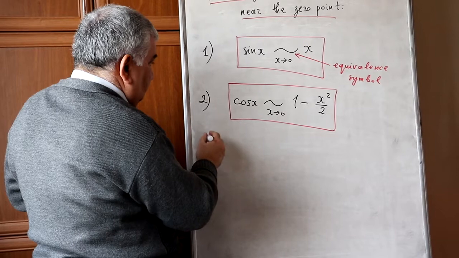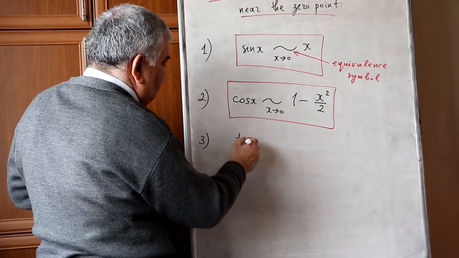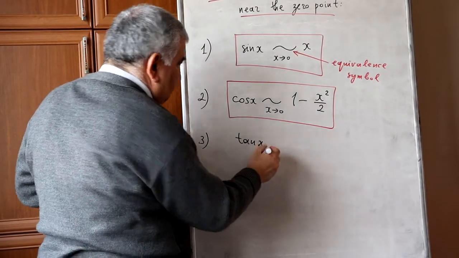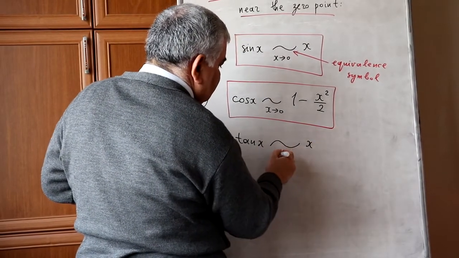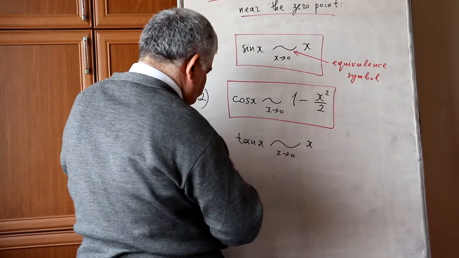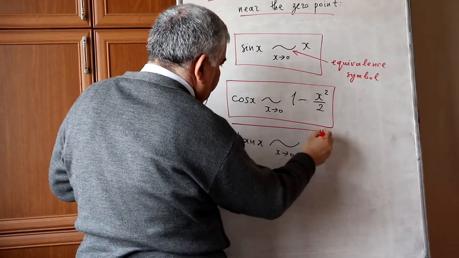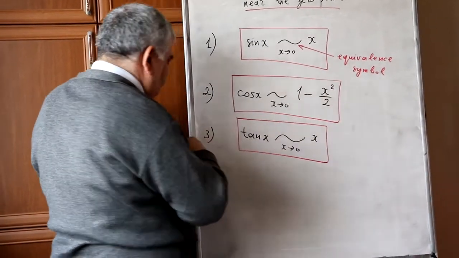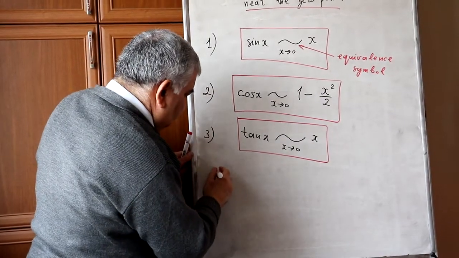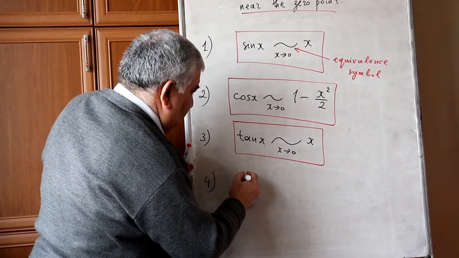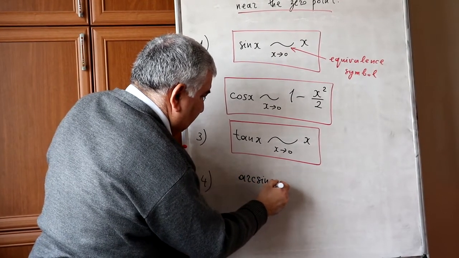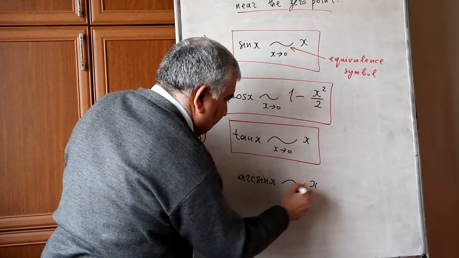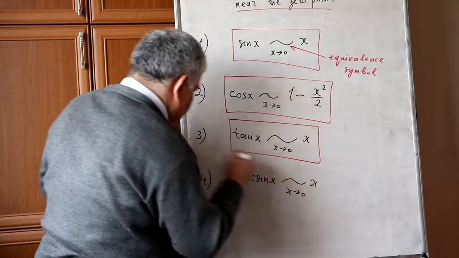Then tangent x is equivalent to x when x tends to 0. Then fourth equivalent form, arcsine x is equivalent to x when x tends to 0.